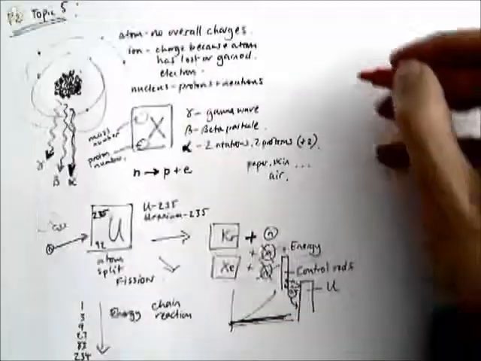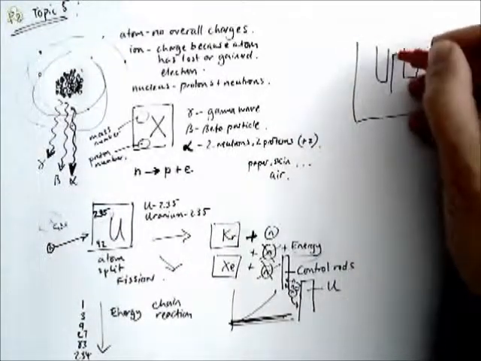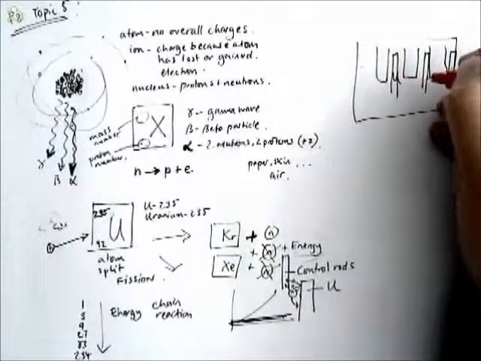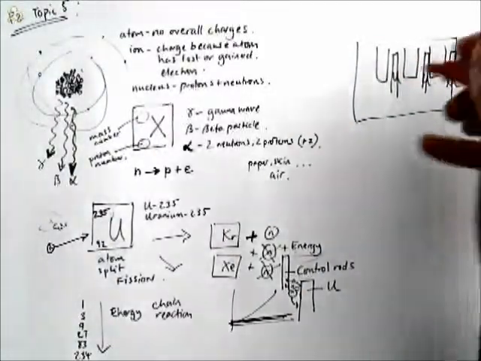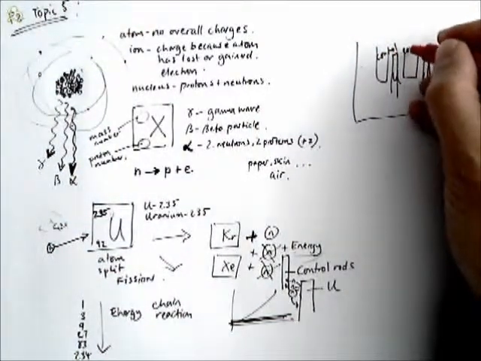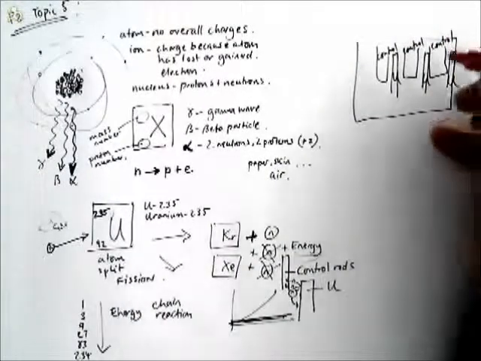And so in a nuclear reactor, what we have is a collection of fuel rods and control rods. Let's see, these are the fuel rods, uranium, uranium, uranium, and these are the control rods. They might be just made out of something like boron, which is able to absorb neutrons.